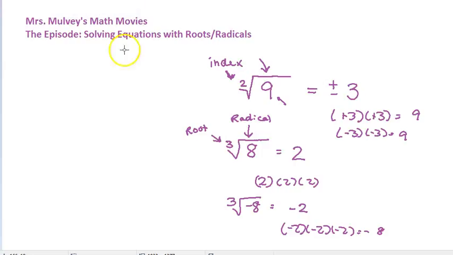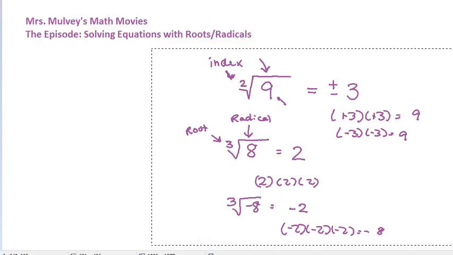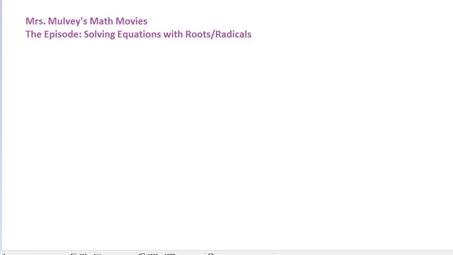So let's actually use this to solve equations now. When you have equations that look like this, you've learned a couple different ways to solve an equation like that. We're going to look at one more method.